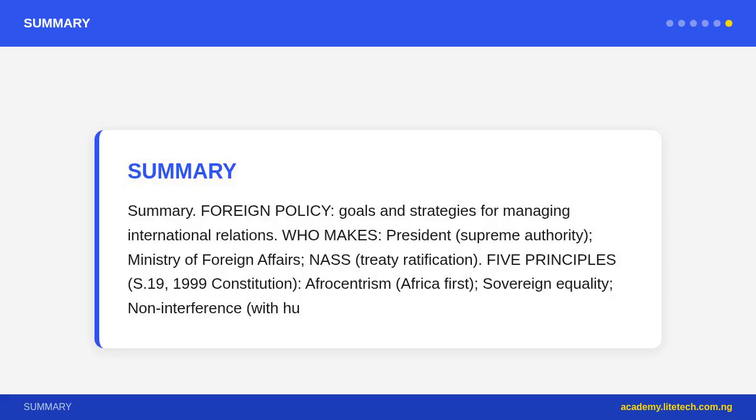Summary. Foreign policy: goals and strategies for managing international relations. Who makes it? The President is the supreme authority, along with the Ministry of Foreign Affairs, NIIA, and treaty ratification. Five principles, Section 19 of the 1999 Constitution: Afrocentrism, Africa first, sovereign equality, non-interference with humanitarian exceptions, respect for international law, and promotion of African unity.